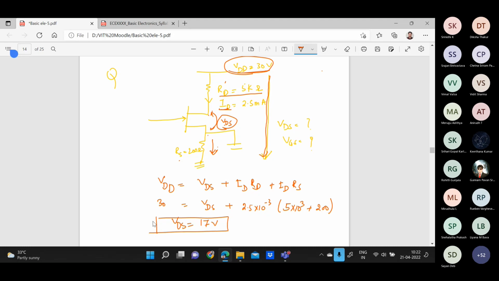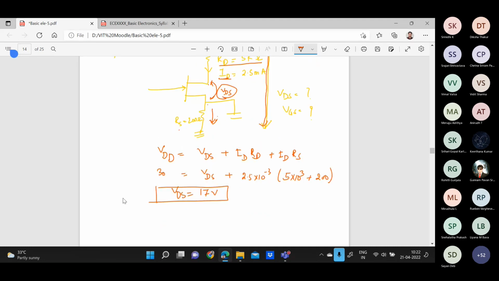Now we have to find out the value of VGS, the voltage across this one. It is negative, positive like that, right? If you apply the loop in this closed loop, you will get VGS plus ID RS, because the drain current is flowing here, equal to 0.